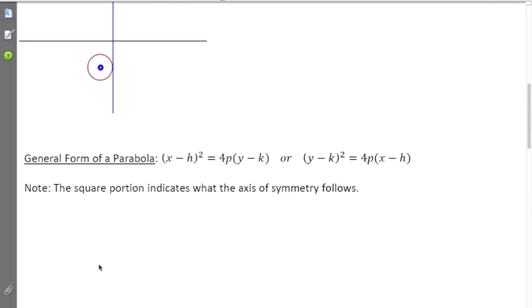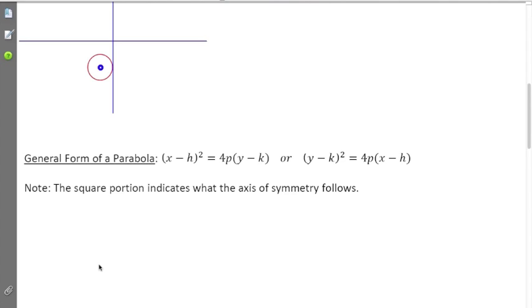Okay, the general form of a parabola is a little bit different than you're used to, although it can be written just the same as we have before. If you remember vertex form of a parabola, it's y equals a times (x minus h) all squared plus k. That can be written in the same method here.